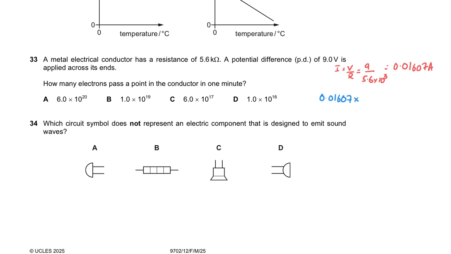Let's multiply it by 60 to get the total charge in coulomb that passes in 1 minute, and divide this by the charge of an electron, which is 1.6 into 10 to the power minus 19, and that would give you the answer as 6 into 10 to the power 17. These are the number of electrons that pass in 1 minute.